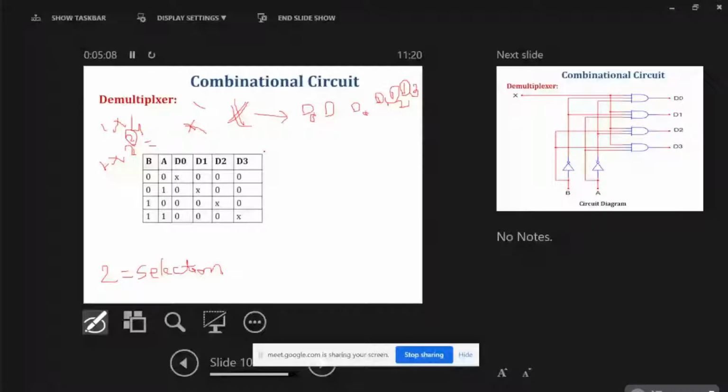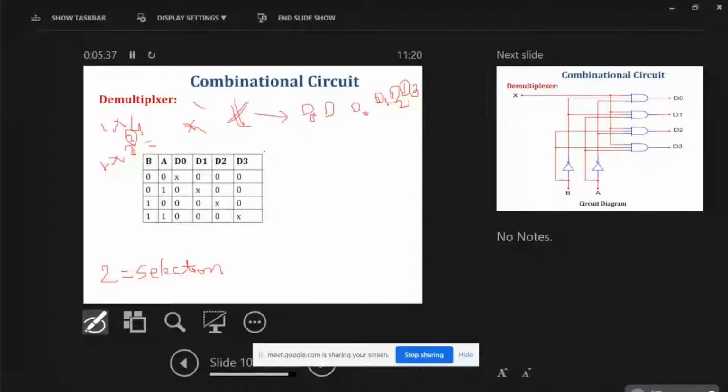The inputs of the multiplexer are various sources, and according to the combination of the selection lines, one output line is selected from the multiplexer. That line, which is the input of the demultiplexer, should be directed towards the particular output line.